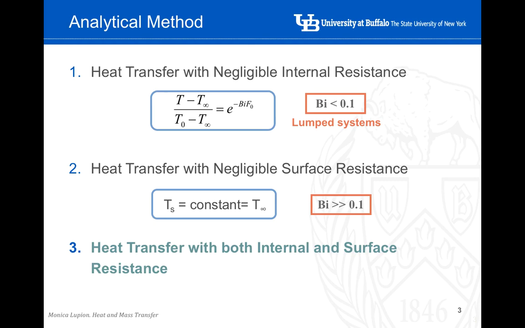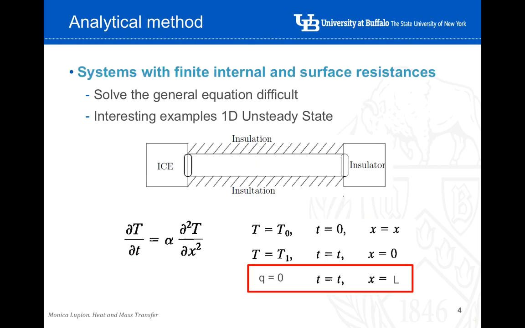In the class today, I will talk about the situation when we have both internal and surface resistance. As you can imagine, these systems are normally more difficult to solve because we can't really simplify the problem.